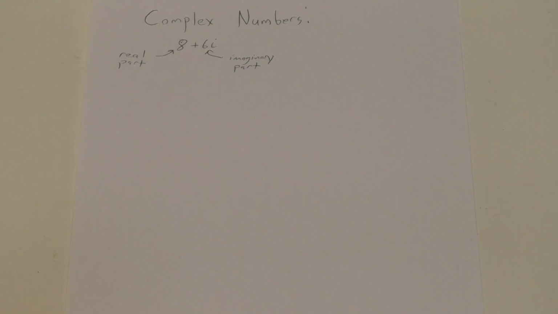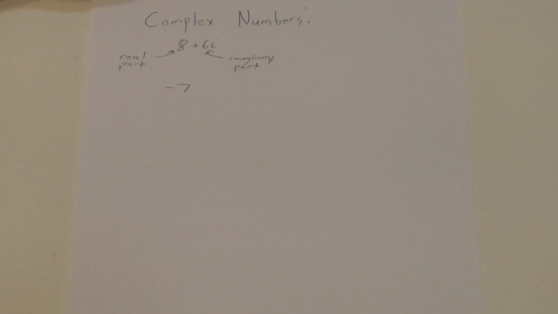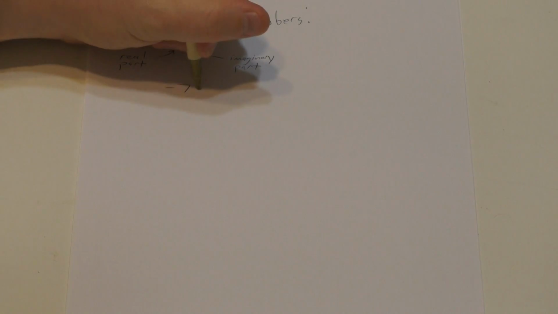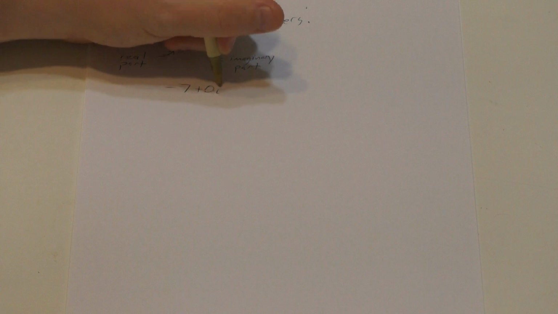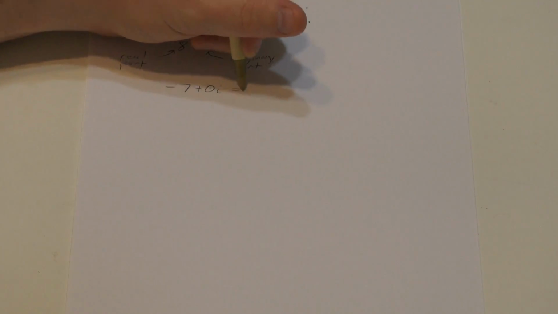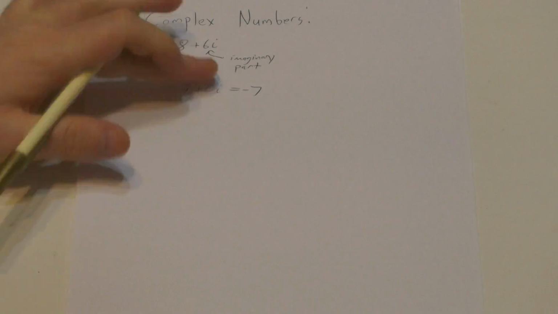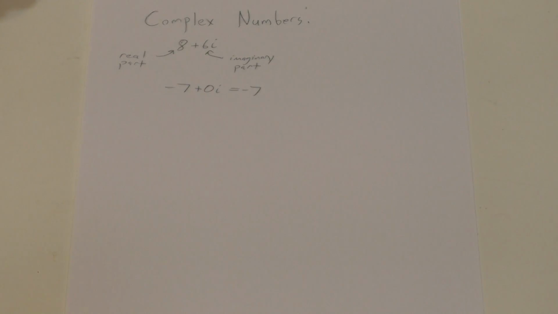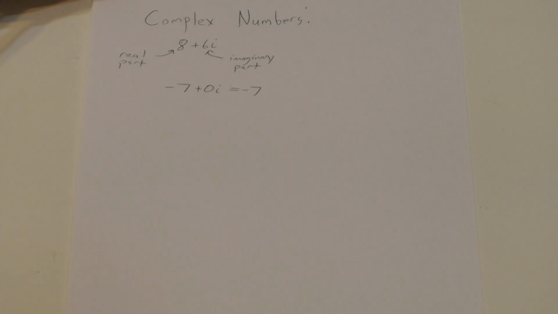So let's do -7. Okay? Well, I could write -7 as -7 plus 0i, which is again the same thing as -7. So that's -7 as a complex number. Okay? Sometimes that's debatable. People want to debate whether all numbers are complex numbers or not, but I think that's pretty clear evidence that they are.